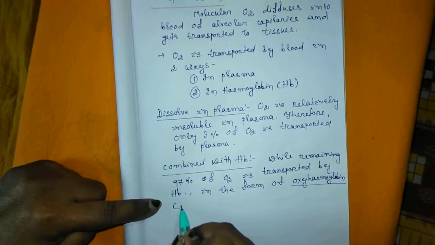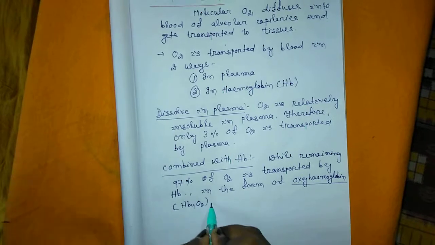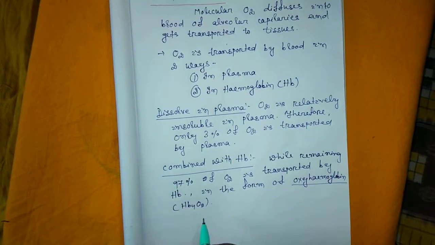It is Hb4O8. So this is the symbol of oxyhemoglobin.